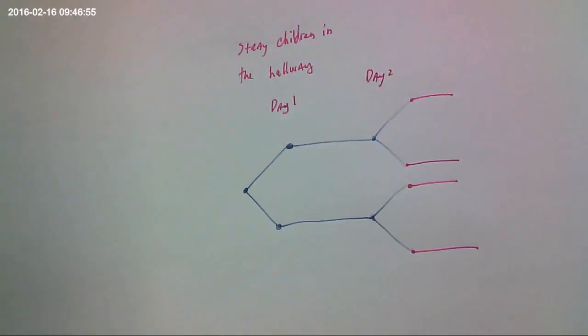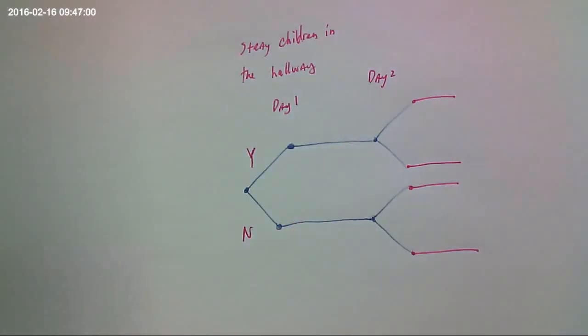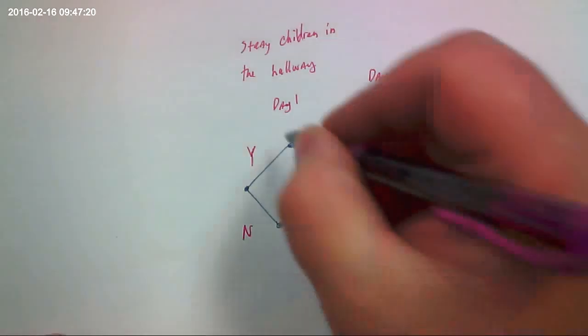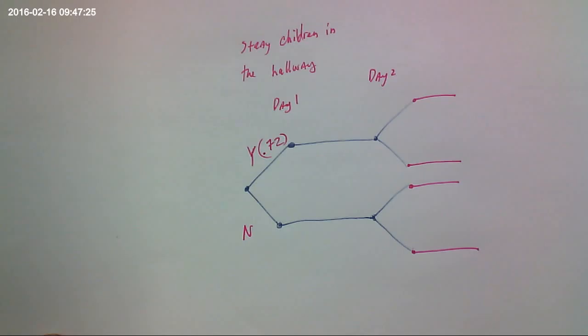And it's just yes or no. So we got yes, and we got no. Let's say that the probability for yes on day 1 is 72%.